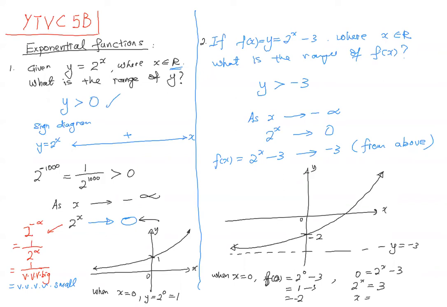Second trace, 0 is to find the x-intercept. Oh, I see.